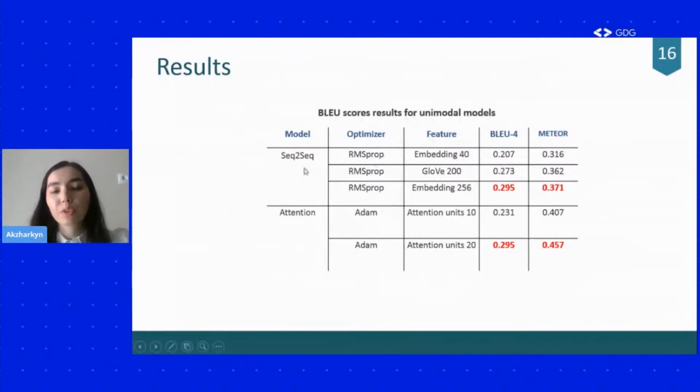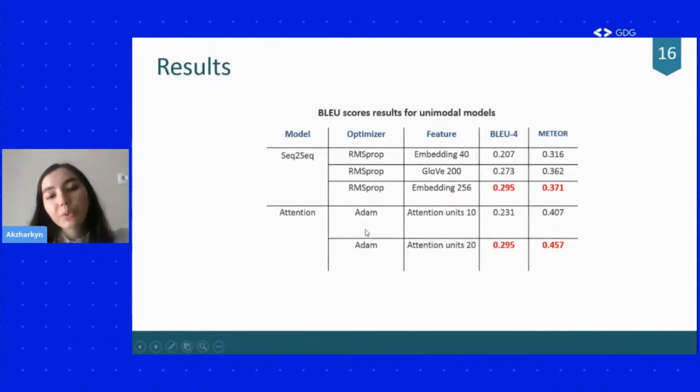For our sequence-to-sequence model, the best choice of optimizer was RMSprop. I also tried different kinds of embedding layers, using pre-trained GloVe and training embeddings with 256 units. The best BLEU-4 score was with embedding 256, and in METEOR score, it is even better than the BLEU score.